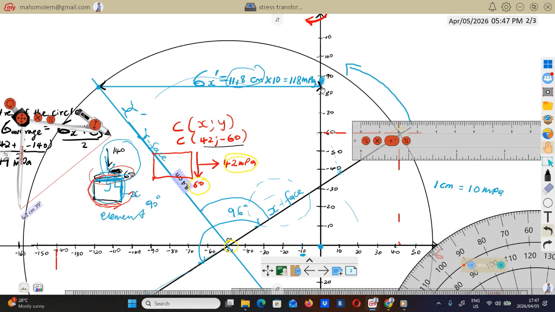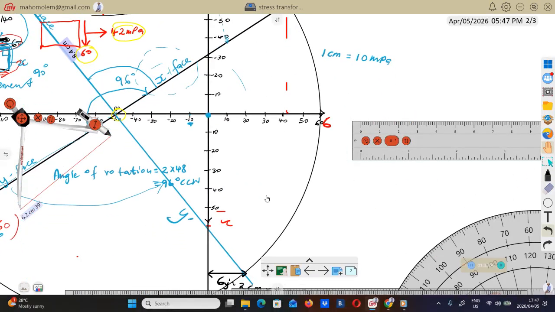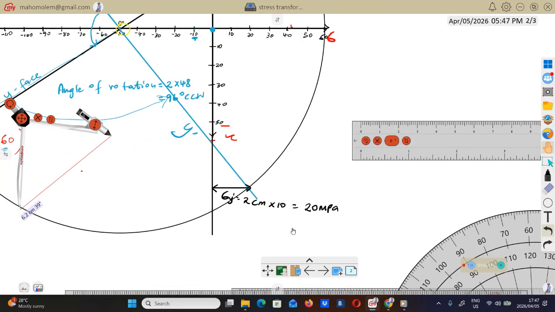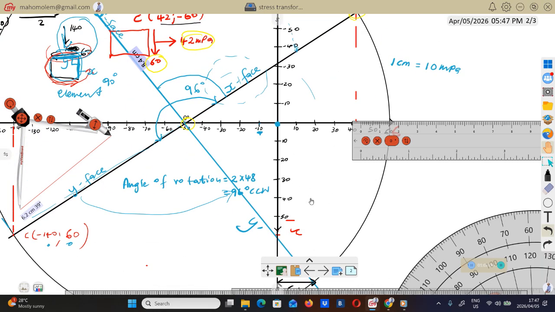Remember this 118, this point is on the left hand side. On the left hand side is compression, or negative. That's why it's negative 118. And then this one is on the right hand side. On the right hand side we have positive normal stresses. That's why it's positive 20 there.